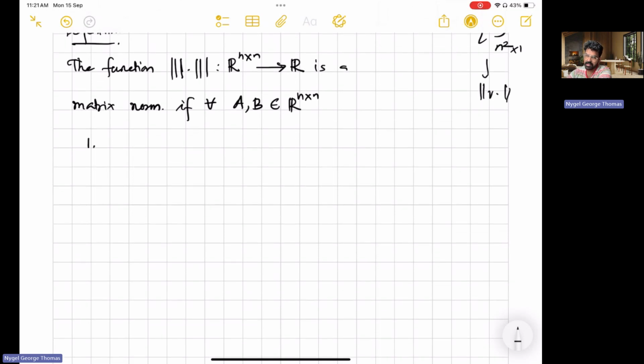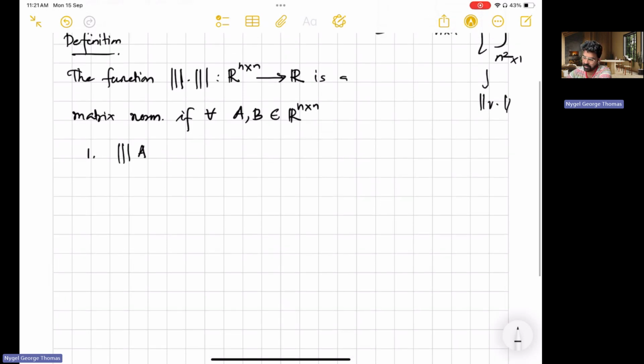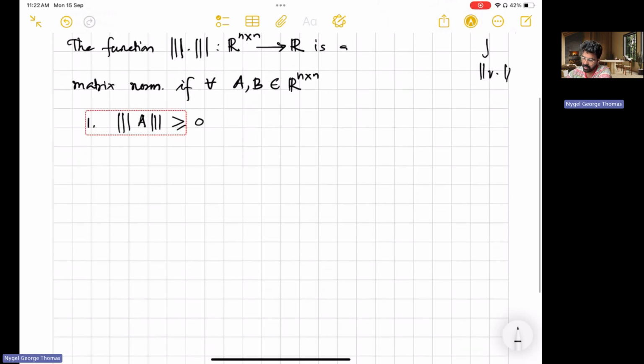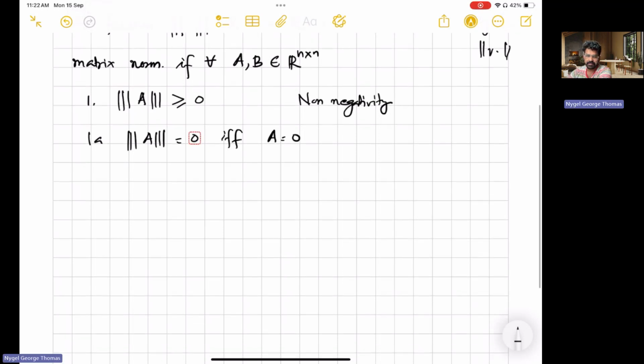First is the non-negativity property, which is very similar. In fact, the first 3 properties are similar to what we have in vector norms. So this has to be greater than or equal to 0, with equality holding if and only if A is equal to 0. This is known as the positivity property.